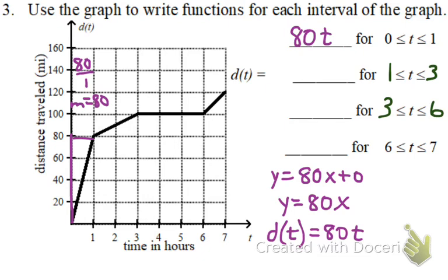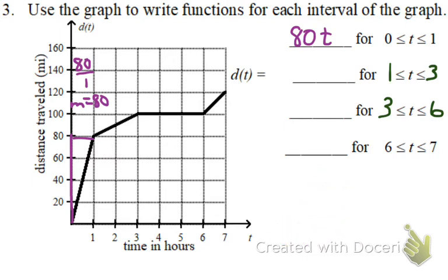For the second part of the graph, we rise from 80 up to 100. So our rise is 20. We go to the right 2, so our run is 2. So the slope for that part of the graph is 10. Now we need to find a point on that part of the graph. The point on the left is (1, 80). So that's going to be my x sub 1, y sub 1.